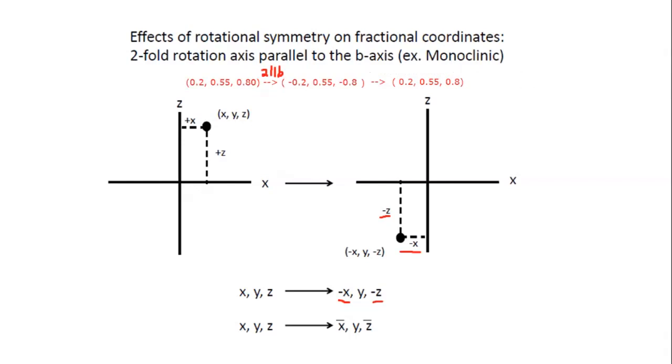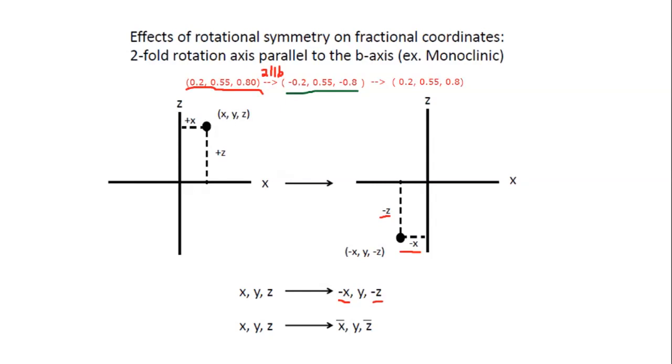So a twofold rotation has two symmetry equivalent positions: the original coordinate and the symmetry related coordinate. Notice again that the y value does not change because we're parallel to the b axis.